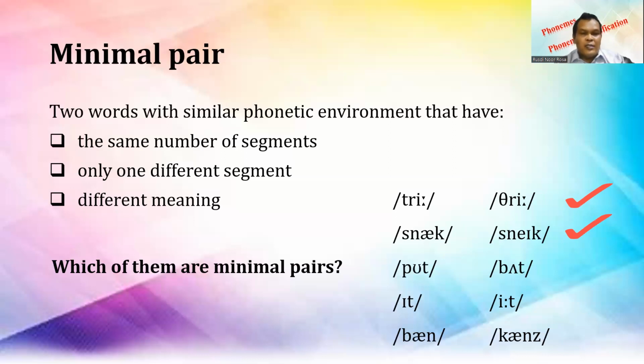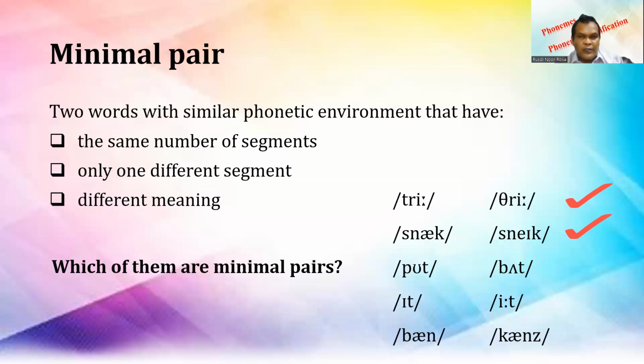The next one is put and but. Okay, let's see. They have the same number of segments. Both have three sounds. However, they have two different sounds. Each of the words has two different sounds.